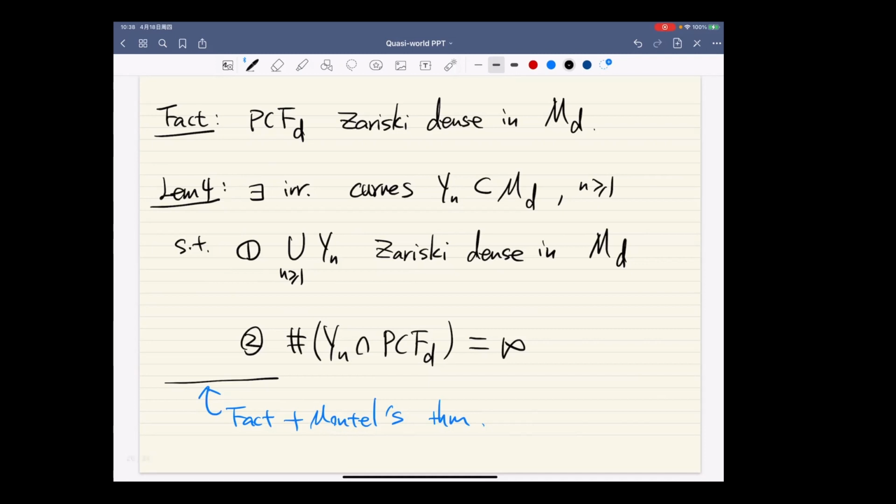This lemma is not difficult to prove. Basically, you only need to use the fact that PCF maps are Zariski dense in moduli space and use Montel's theorem.